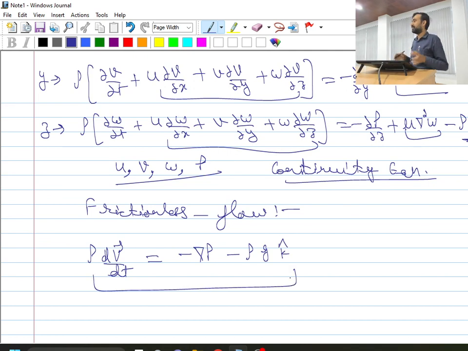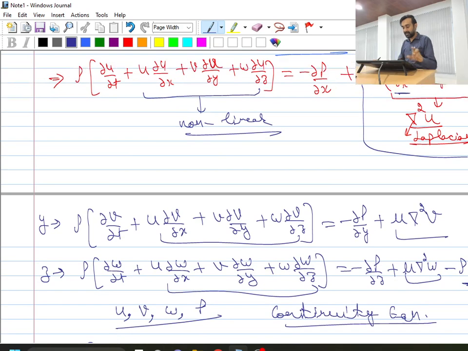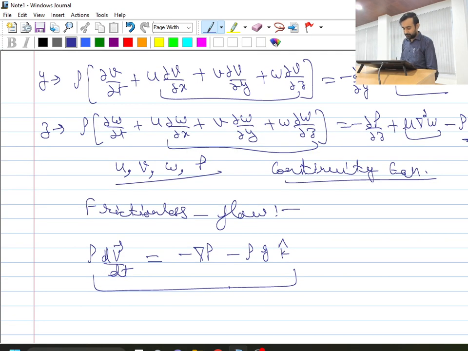So this is nothing but a vector form. Of course, if I split it into x, y, z components, I can write the similar equation. The x, y, z components will be the same as whatever I have written, except for the viscous term, the Laplacian term. If I remove that, whatever remains is the x, y, and z components of the equation for frictionless flow. So this particular equation is called Euler's equation.